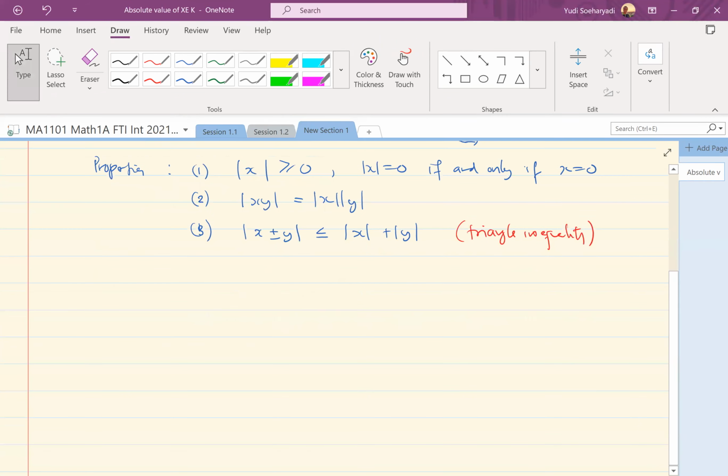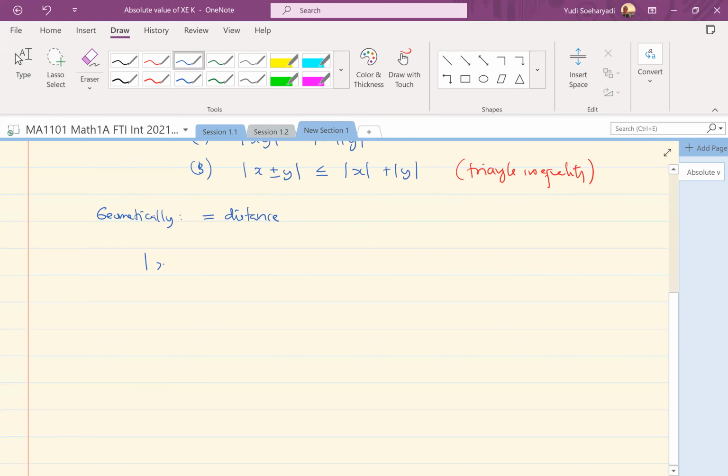All right, so how do we interpret this absolute value? Well, geometrically, absolute value is distance.